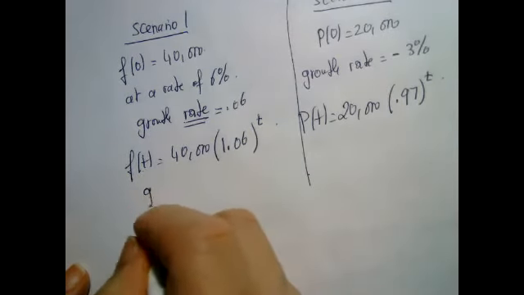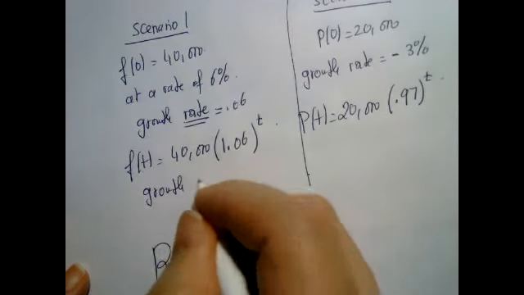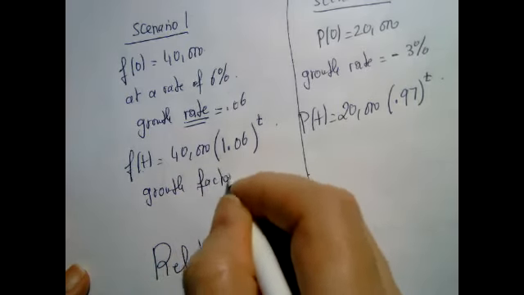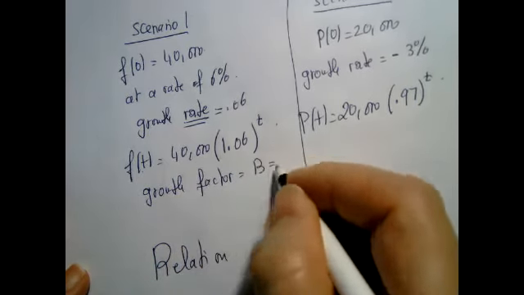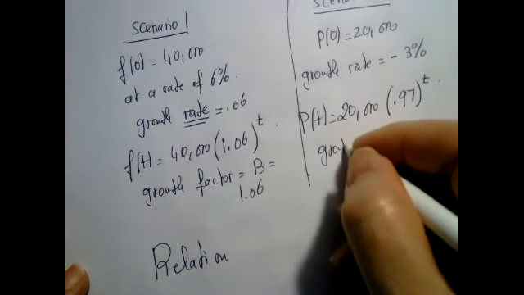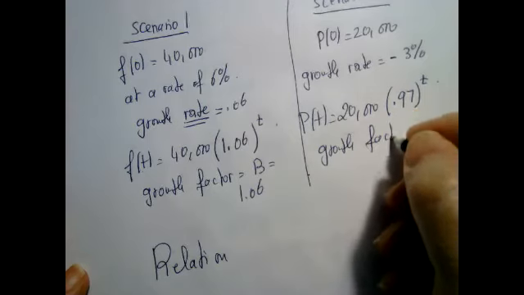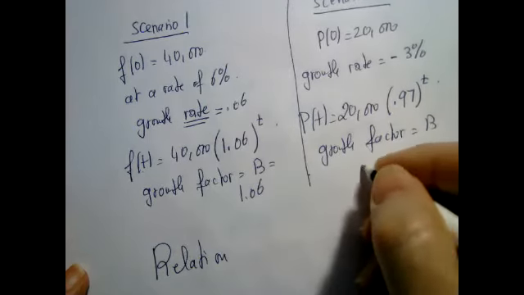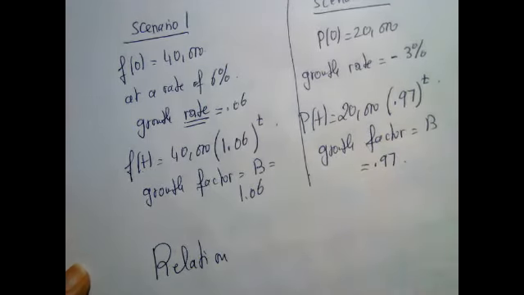In the first scenario, the growth factor, it means the B, is 1.06. In this scenario, the growth factor, it means B is 0.97.